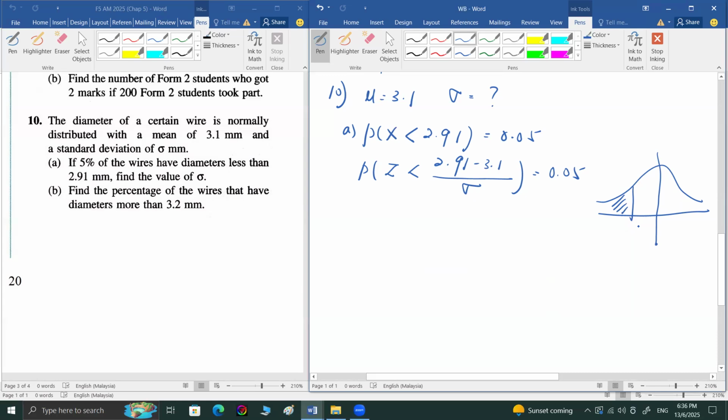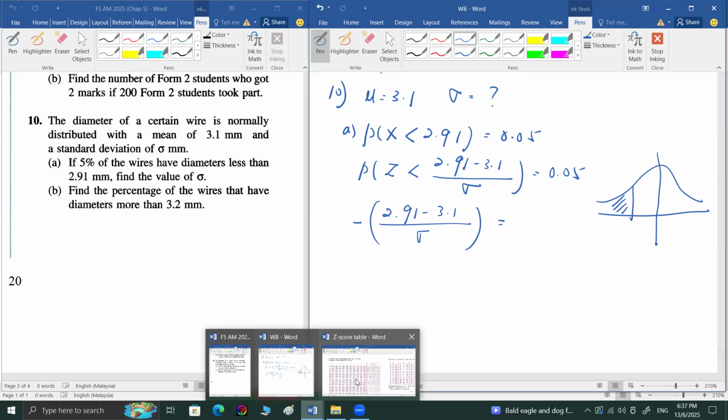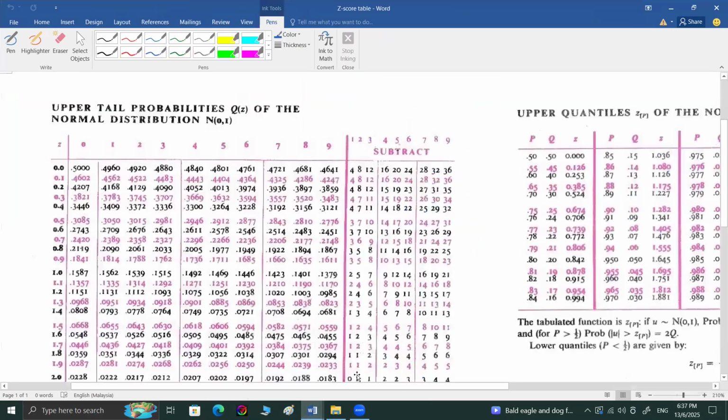So I copy this out. I know that this Z is somewhere here. If it's somewhere here, it means we got a negative value. This one, 0.05. For those using MS, 0.05. So I'll go through this again.